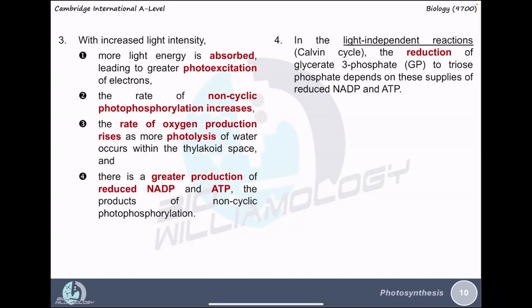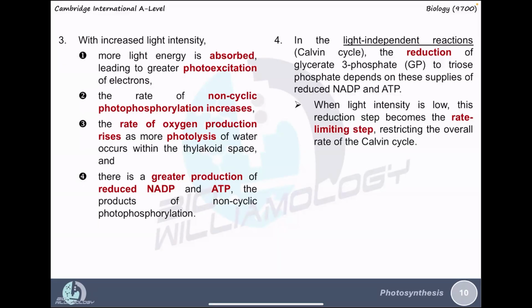So in the light-independent reaction, which we call the Calvin cycle, the reduction of glycerate 3-phosphate (GP) to triose phosphate (TP) depends on the supply of reduced NADP and ATP. So when light intensity is low, this reduction step becomes the rate limiting step because of insufficient reduced NADP to reduce GP to TP.